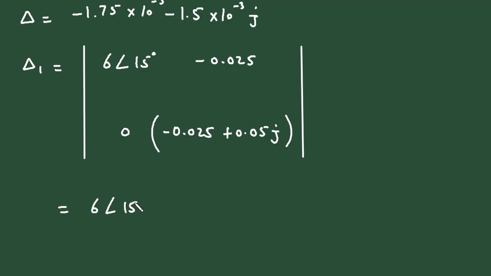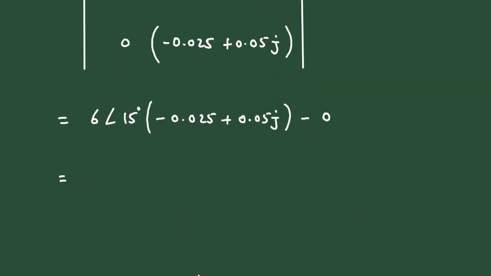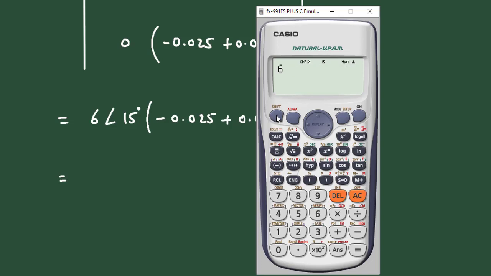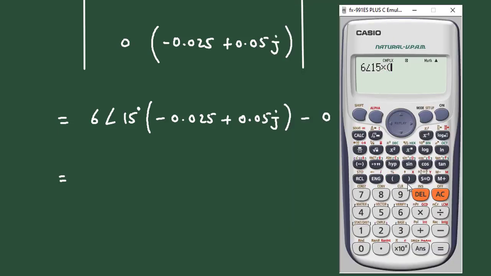So this into this minus this into this. So 6 at an angle 15 degree multiplied with minus 0.025 plus 0.005 j, then minus 0, 6 at an angle 15 multiplied with minus 0.025 plus 0.05 into j.